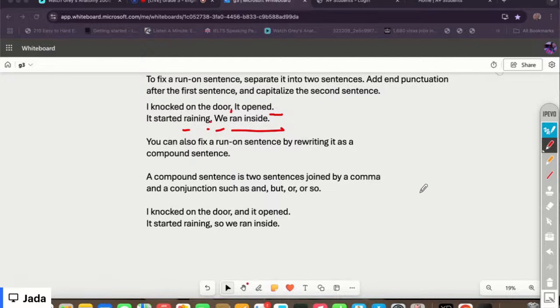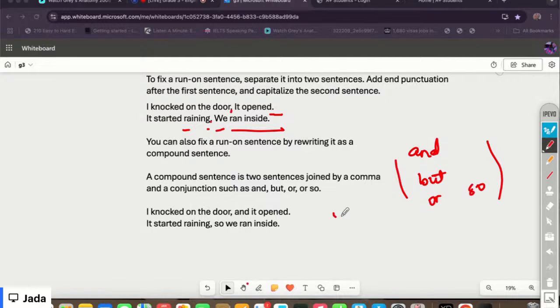We have four conjunctions: and, but, or, so. You have to use the conjunction in the sentence. Just like: I knocked on the door, comma, and it opened. It started raining, comma, so we ran inside.